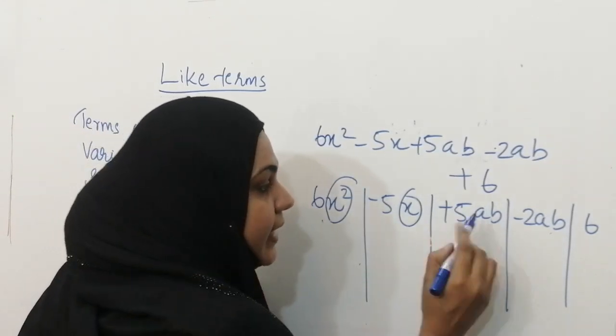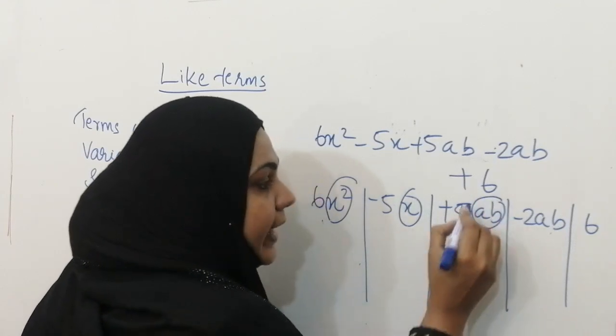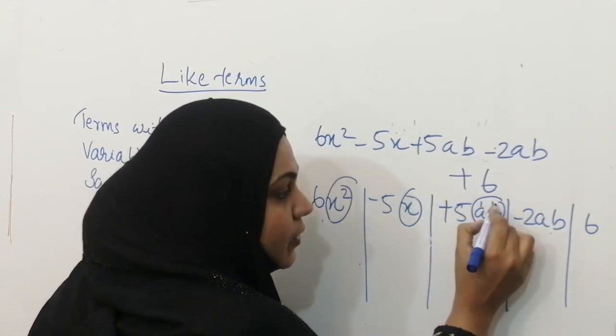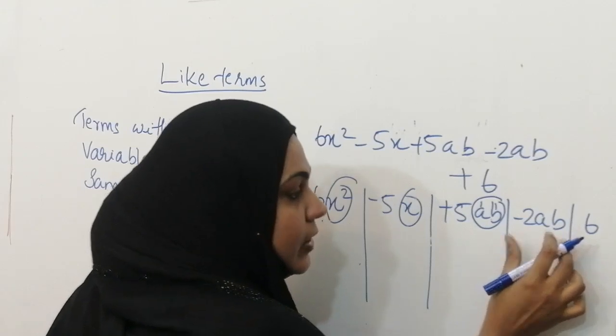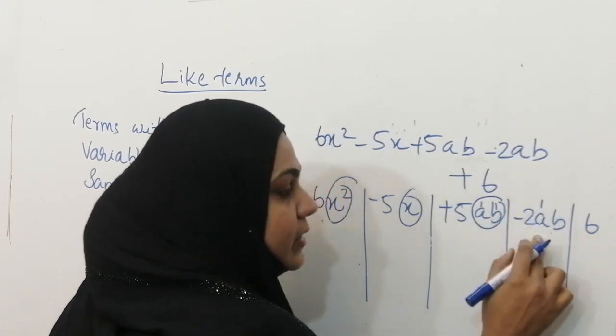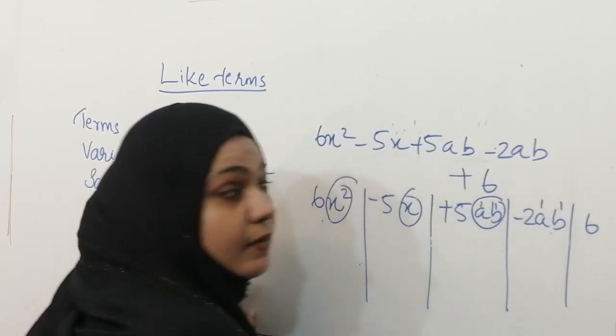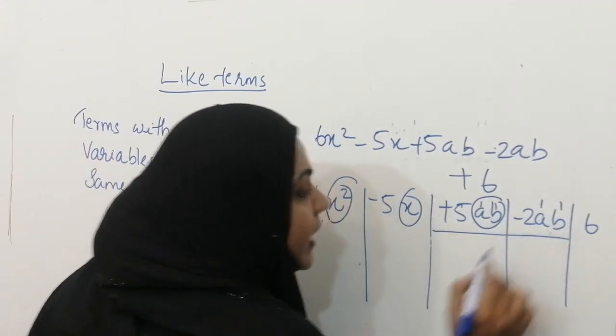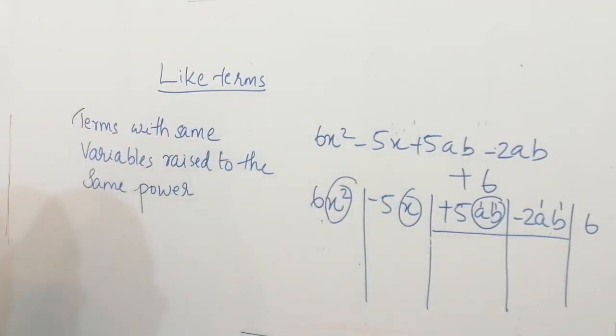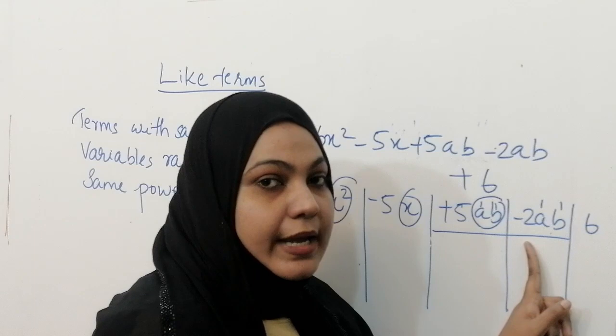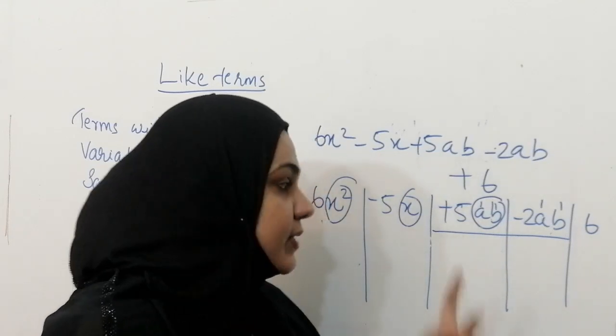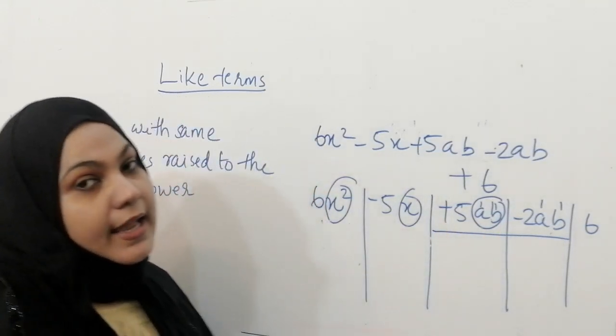So here you can see the power of a is 1 and the power of b is also 1. Correspondingly here also you can see the power of a is 1 and the power of b is 1. So these two terms are called like terms. 5ab and minus 2ab represents the same power. So these two terms are called like terms.